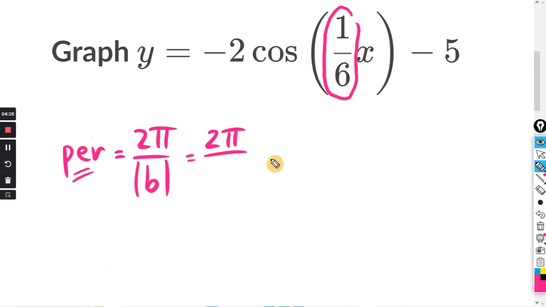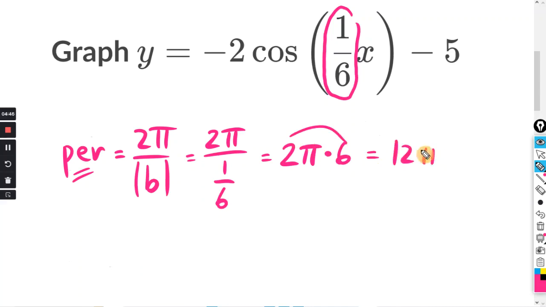So this right here is your value for b. All right, we're dividing fractions. Keep, change, flip. So keep 2 pi, change division to multiplication, and flip the 1/6 to 6 over 1, or just 6. 2 times 6 is 12, and we still have the pi left over. So the period is 12 pi.